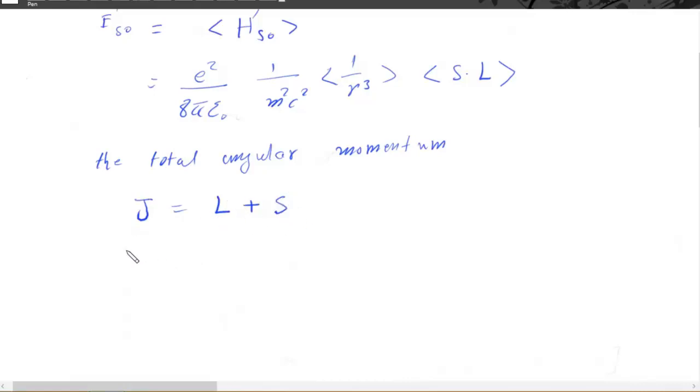Now we square both sides, then J squared is equal to L squared plus S squared plus 2 L dot S.